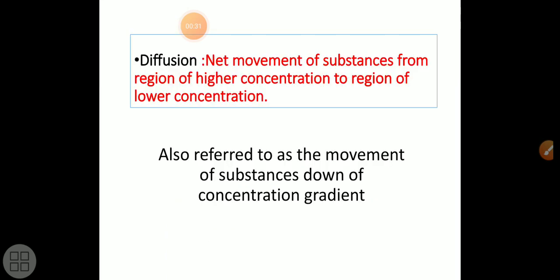My friends, diffusion is nothing but the net movement of substances from the region of higher concentration to the region of lower concentration. I will give you an example.